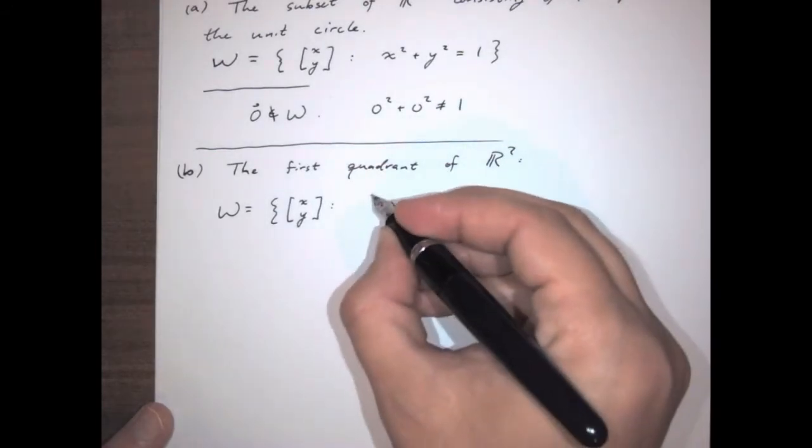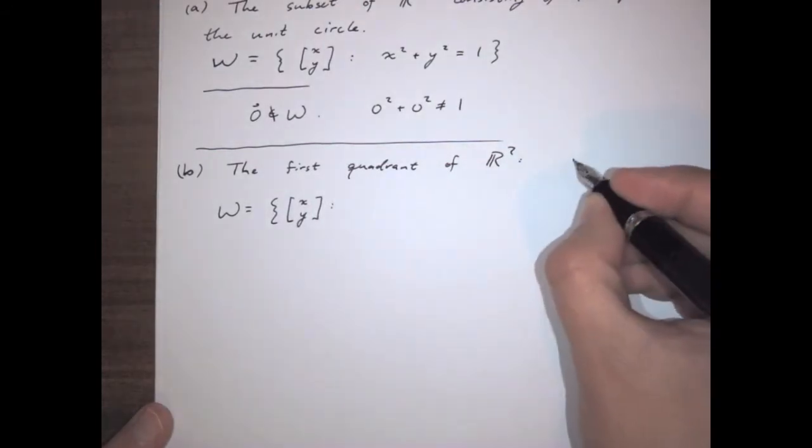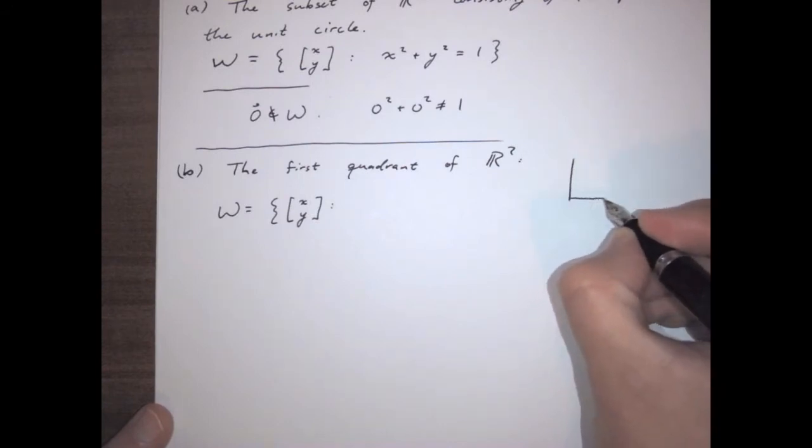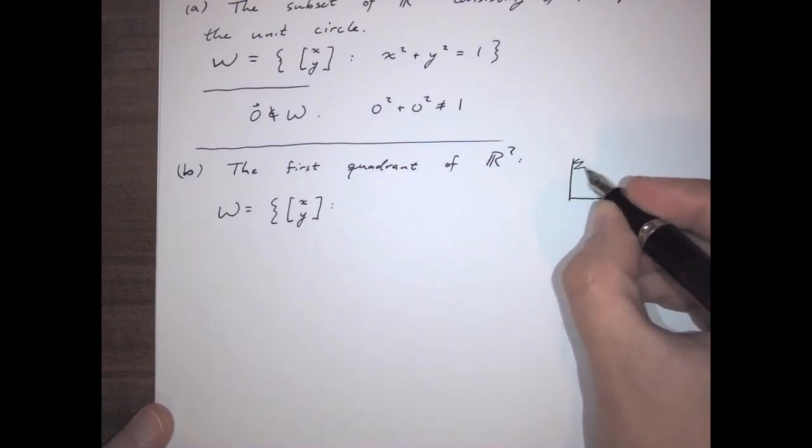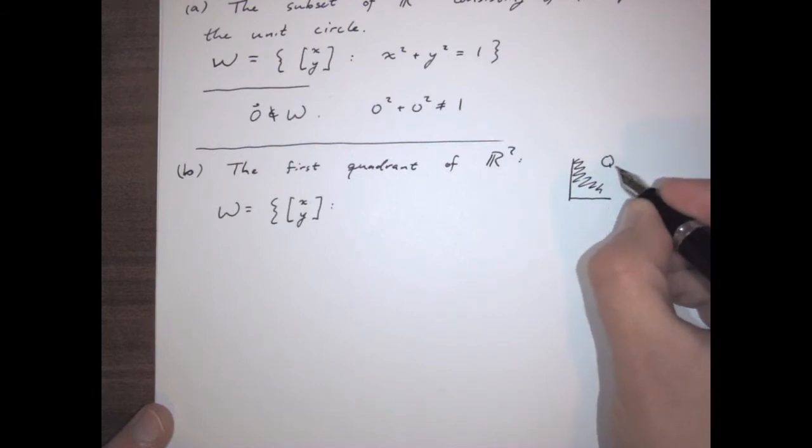To be in the first quadrant, we'll say that even includes the coordinate axes. So this is quadrant 1.